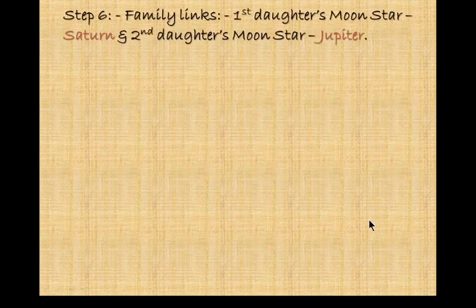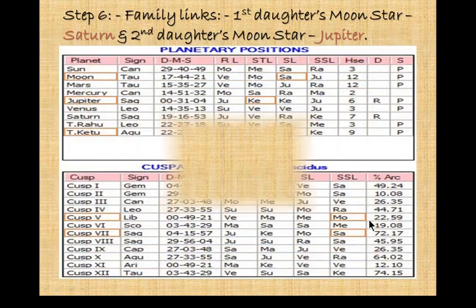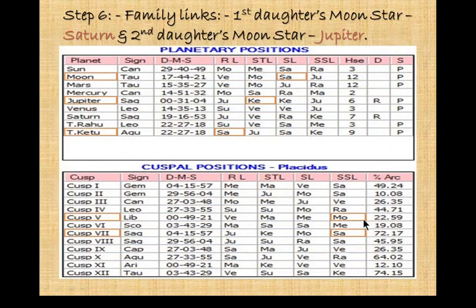Now the sixth step, that's family links, must get established. First daughter's moon star is Saturn, and second daughter's moon star is Jupiter. First child is connected to fifth cusp, and fifth cusp sub-sublord is Moon, and Moon sub-lord is Saturn, so it makes link with the first child, and second child is connected to seventh sub-sublord, and seventh sub-sublord is Saturn.